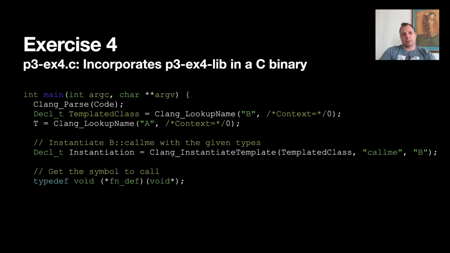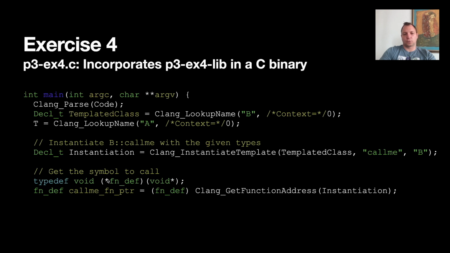And then the usual thing, if we want to run it, we make a function pointer and ask the JIT about the function address of the instantiated and compiled function.